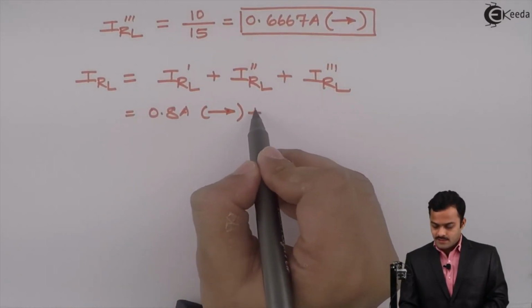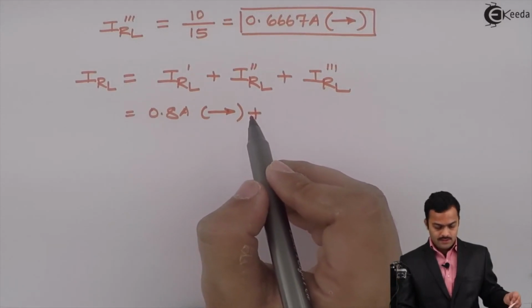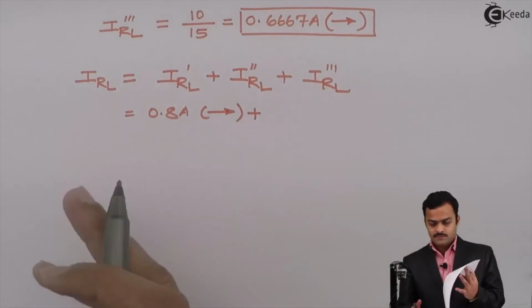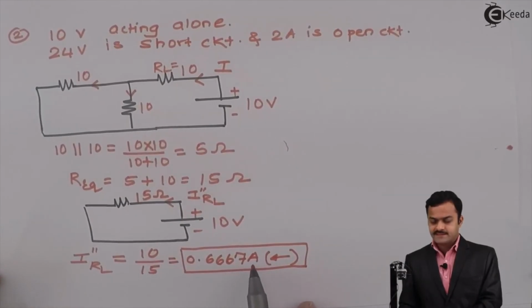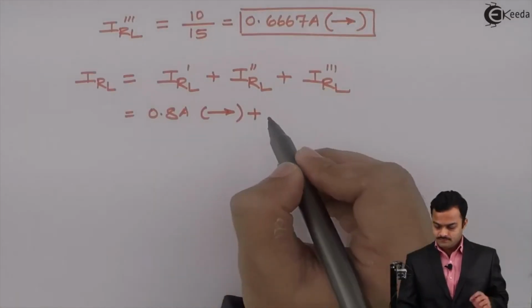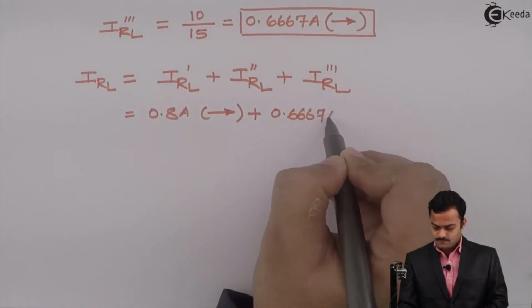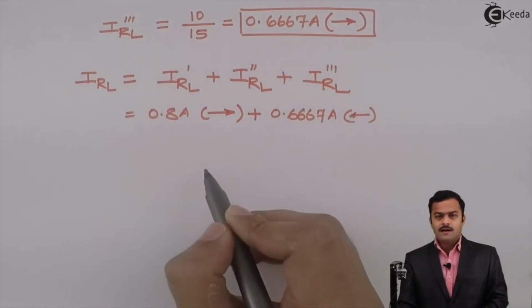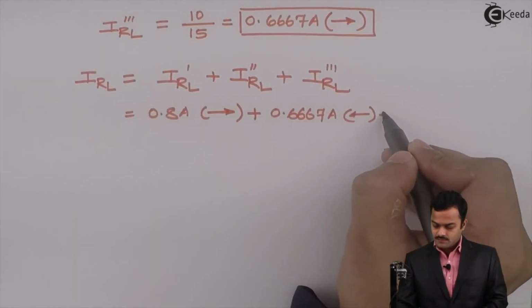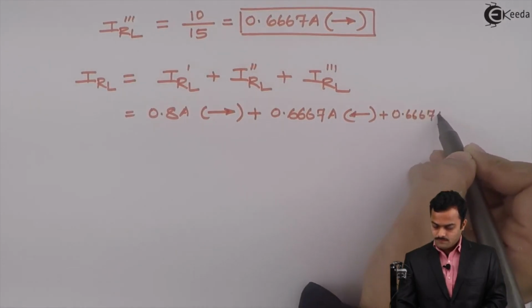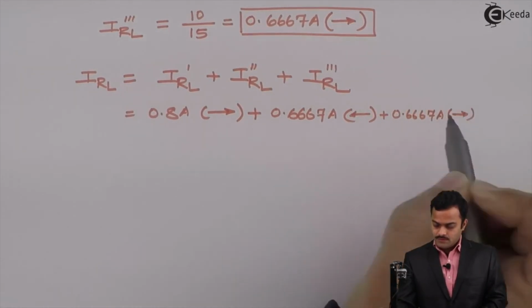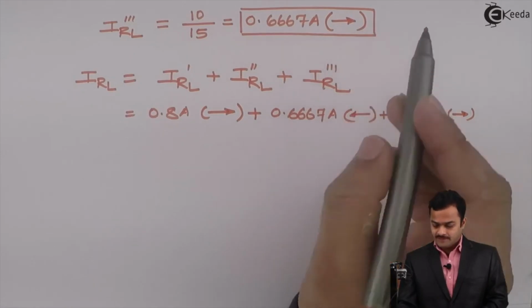IRL double dash is a current of 0.6667 ampere in this direction, and the third is IRL triple dash, which will be in the direction that is given.